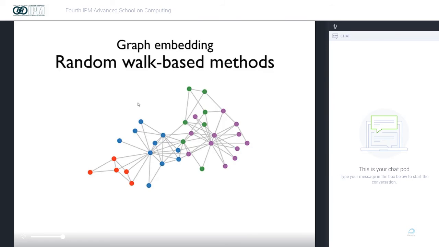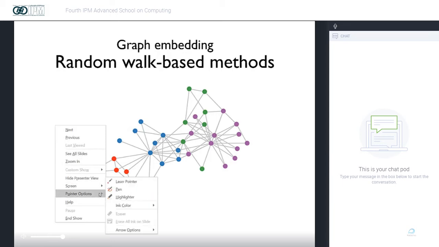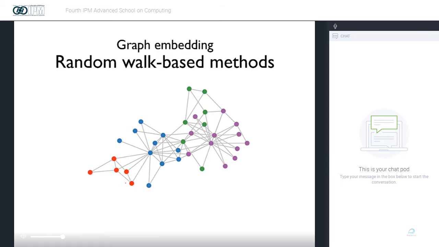A very common approach for converting graphs into embeddings is what we call a random walk based method. Just to describe it here, what we do is to transfer the graph into a set of artificial sentences by means of a set of random walks. So for instance, let's say we want to embed this node in here.